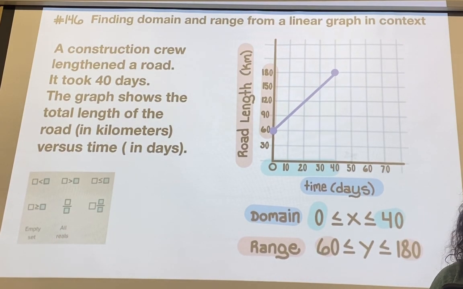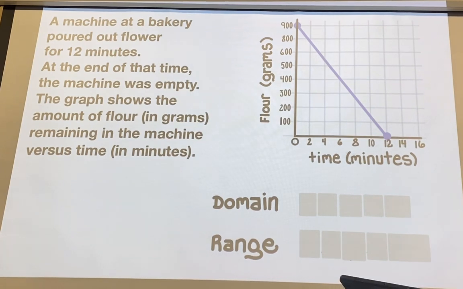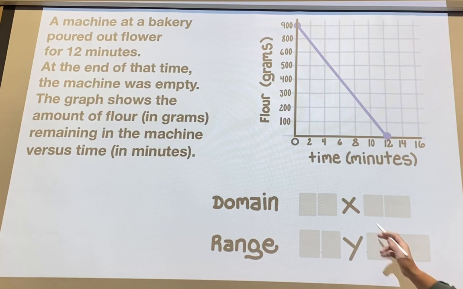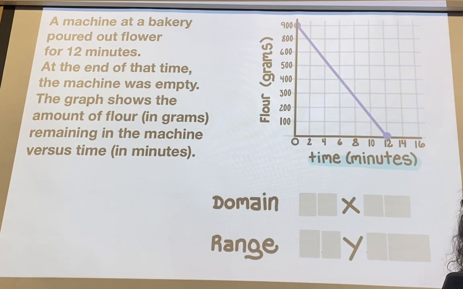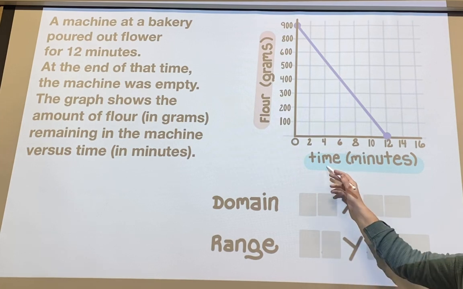So here's another one. Knowing again that the domain is gonna have something to do with the X, and the range is gonna have something to do with the Y. For my X's, it's gonna be about time, and my Y's are gonna be about the flour in grams. Okay, so time.